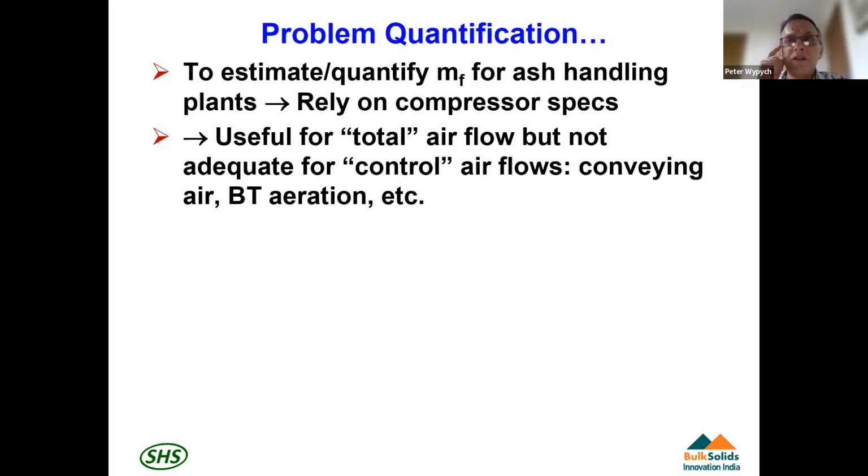And this is useful information, particularly in India, where they use what I call low pressure transport air compressors, where all the air supplied by the compressor has to be used. We can't throttle the airflow through a regulation system. So relying on the compressor specs is useful as long as we make sure that the compressor is running at the right speed and so forth.